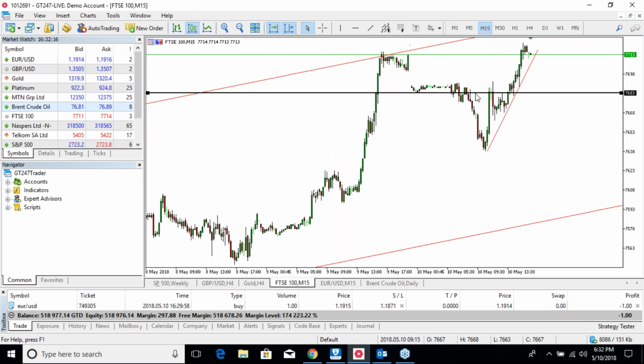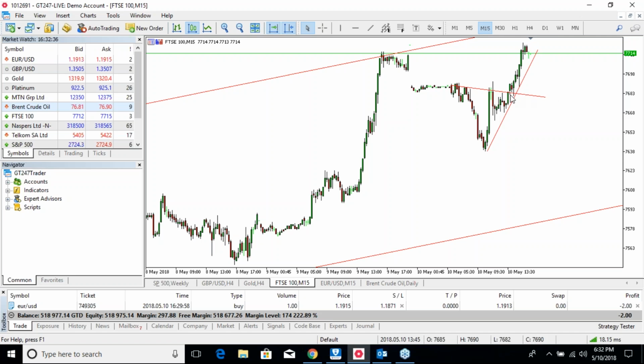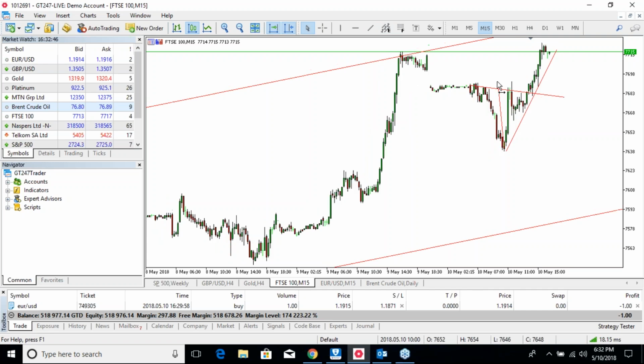And how you would have analyzed this is you would have put a line like that to draw on the neckline. So this is one dot of the neckline, and the other dot of the neckline. Just extend it a bit more, and as soon as it broke out, that's an indication that it's going to go from the neckline to the head, that distance.